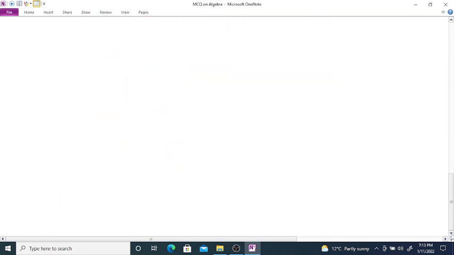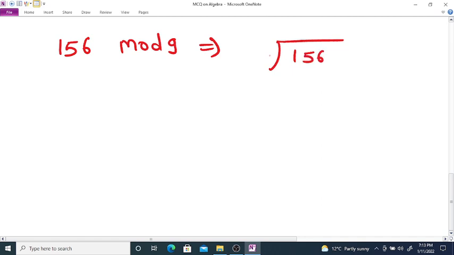Now next, find the value of 156 modulo 9. So if you divide 156 by 9, 9 times 7 is 63, and so on. The remainder is equal to 3.